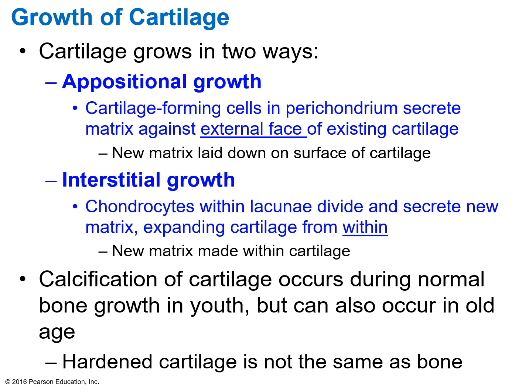If you see that cartilage cells start being secreted onto the perichondrium, which remember is that girdle, that protective chamber around it, and the cartilage cells are growing against the external face of existing cartilage, basically from the outside out, we call that appositional growth. Interstitial growth means within, inside. So now we're looking at the chondrocytes housed within their lacuna that are dividing and secreting new matrix, allowing for the cartilage to expand from internal to outwards.